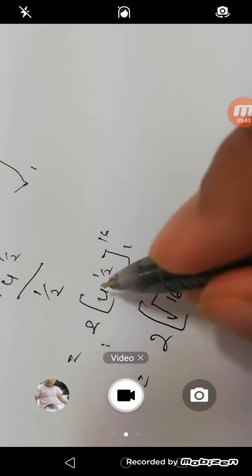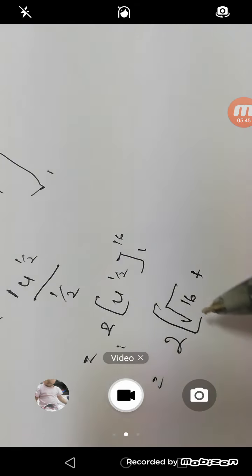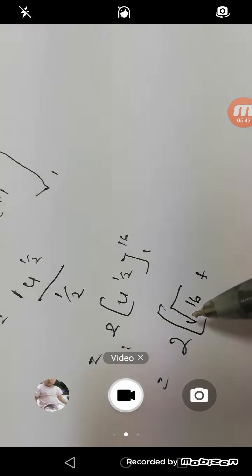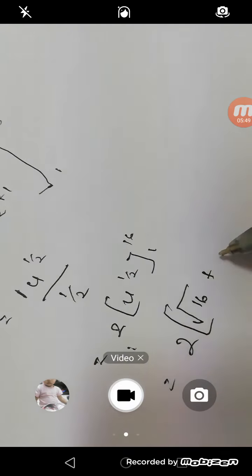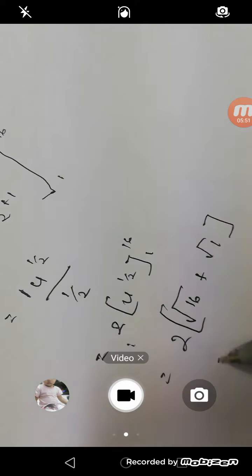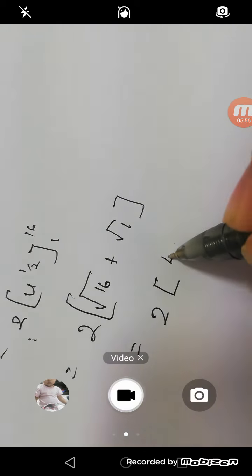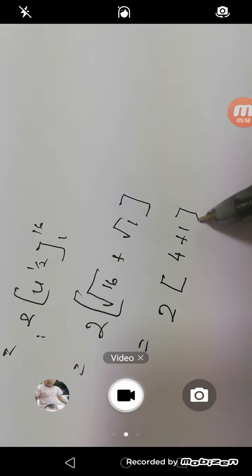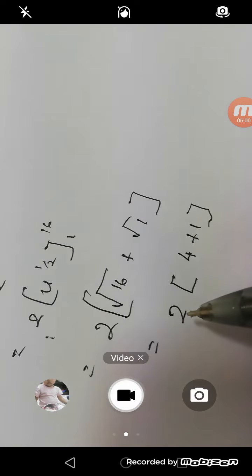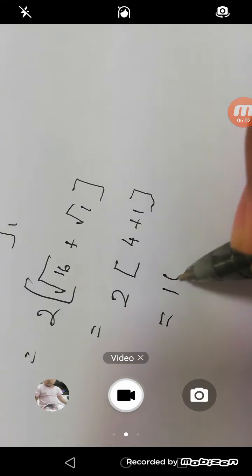Power of half is a square root, so it will be the square root of u, evaluated from 1 to 16: the square root of 16 minus the square root of 1. So you get 2 multiplied by the square root of 16, which is 4, minus the square root of 1, which is 1. So 4 minus 1 is 3 times 2. So the final answer is supposed to be 6.